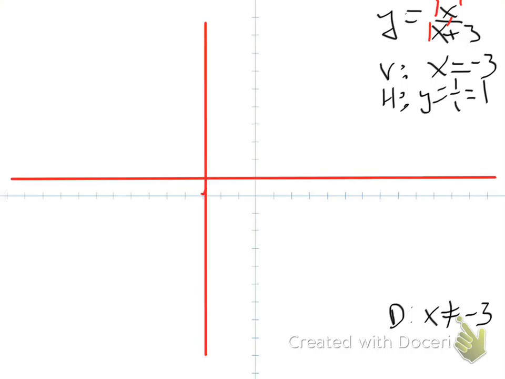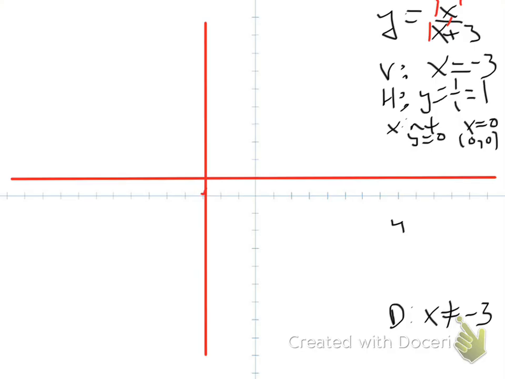Okay, and the last thing is find the x-intercepts and the y-intercepts. Well, x-intercepts are going to be when y equals 0. So when will this fraction be 0? The fraction will be 0 when the top, x, equals 0. Well, if x equals 0, then the whole fraction is equal to 0 and y equals 0. So I got 0, 0.